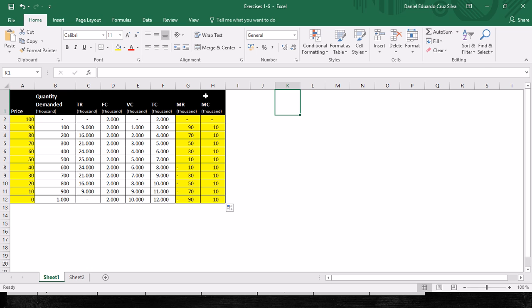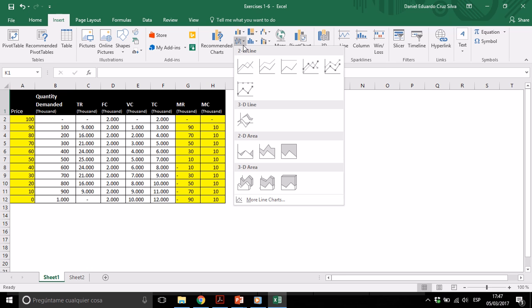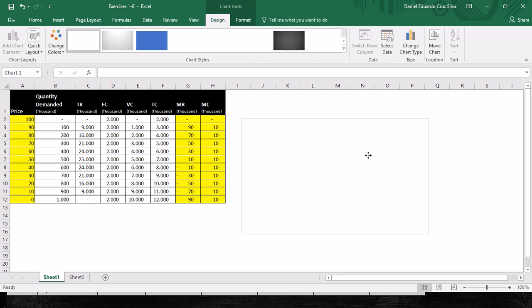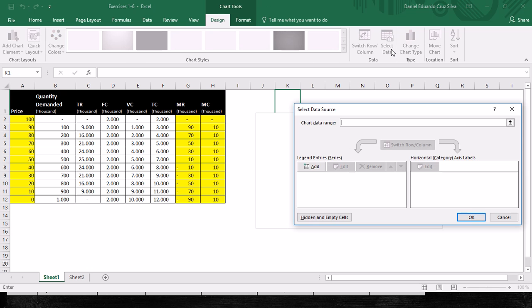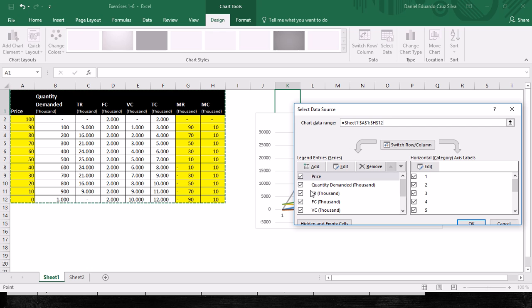How can we graph? So first you go here, insert, then you go here with these lines, and you choose this one. Okay, once you choose this one, you need to select data. Then the data is going to be this one, but now you don't need everything, right?